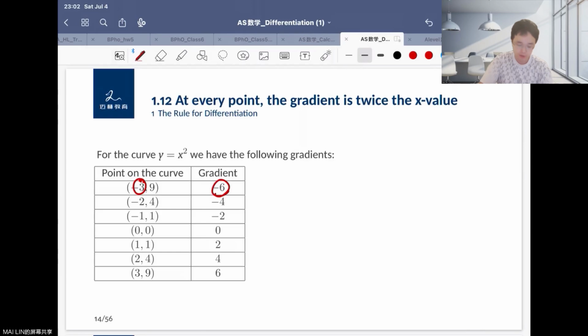When x equals negative 1, the gradient is negative 2. Then at 0 it is 0, at 1 it is 2, at 2 it is 4, and at 3 it is 6. Putting all the points and gradients together, you can draw a table. We find that each gradient equals 2 times x, so the gradient is 2x.